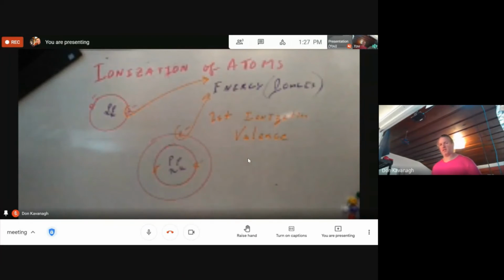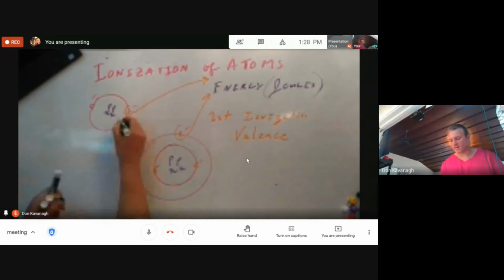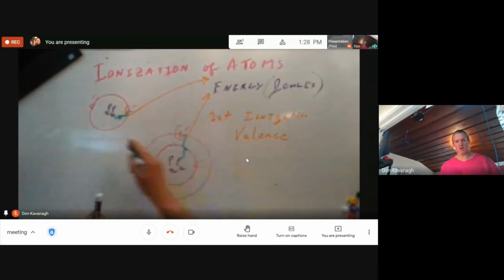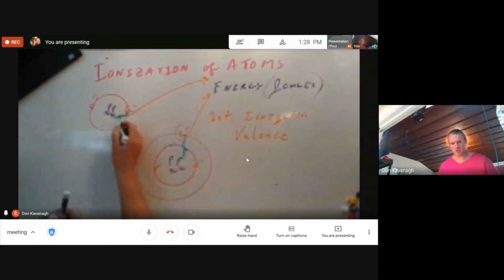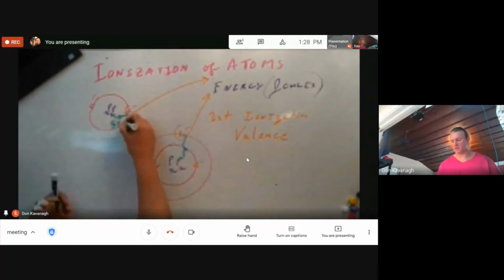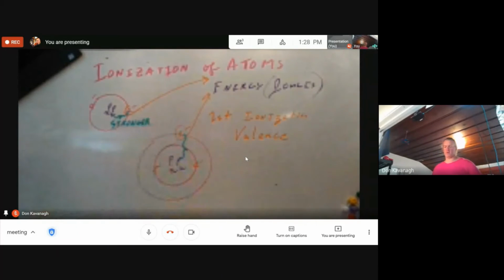The electron that is closer to the nucleus is going to be harder to remove and take more energy. This attraction between the nucleus and that electron is much stronger because it is closer, coulombically strong, S-T-R-O-N-G-E-R. So it's going to take more energy to remove that one there.